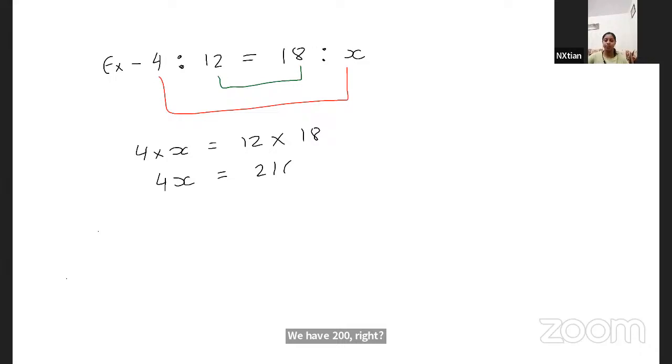Now finding out the value of x, bring the 4 down: 216 divided by 4. So the value of x will be 54.